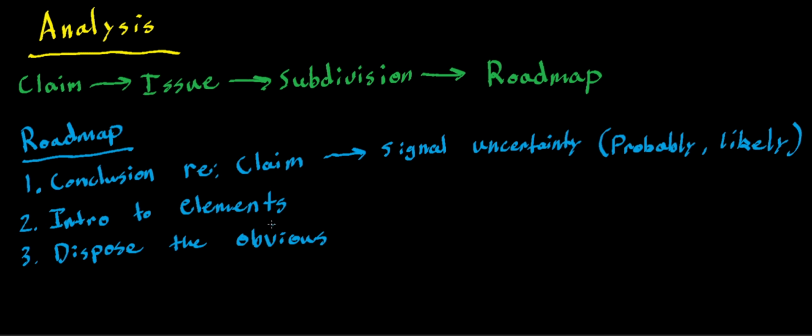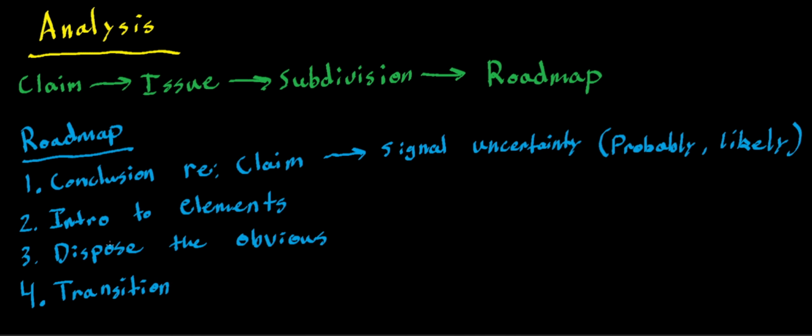Those types of elements are often not really subject to serious dispute. So in this third item of the roadmap, you just dispose of those elements and say these elements are not subject to serious dispute.